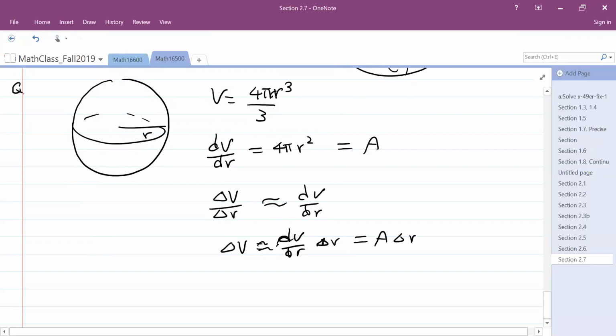If the surface area is getting large, then the increased volume is getting large. I think I can understand that part.